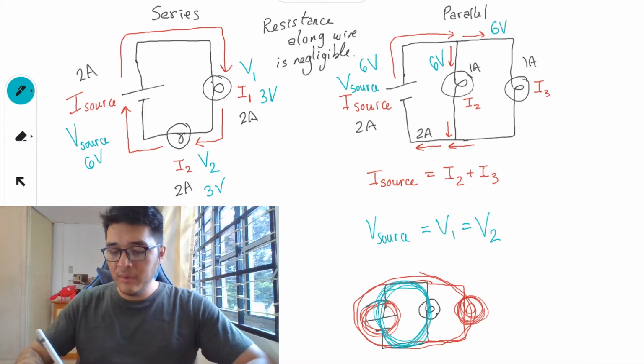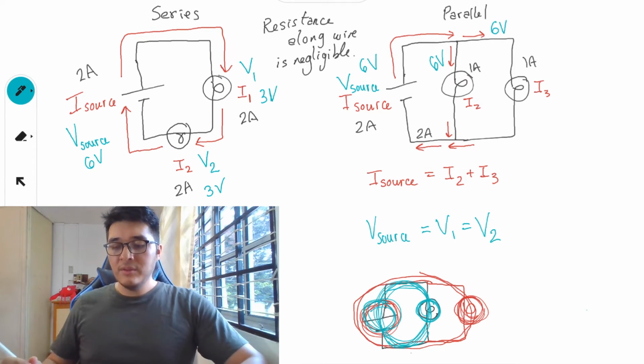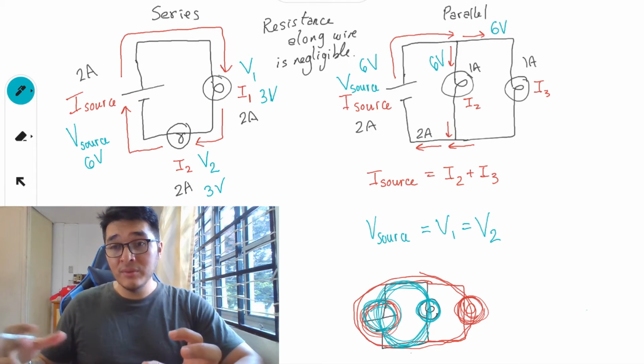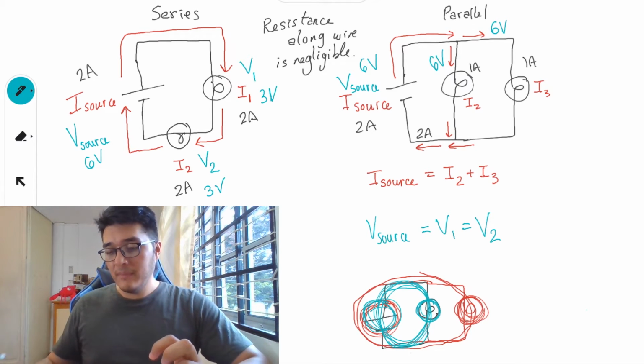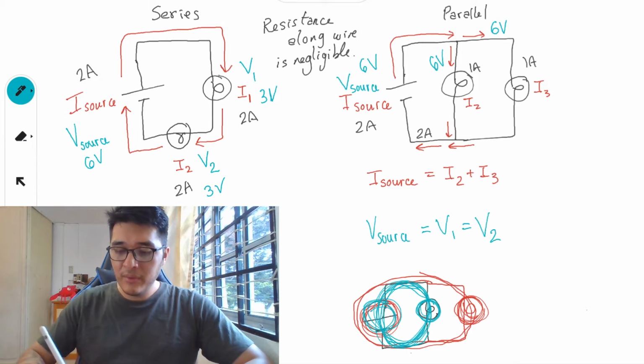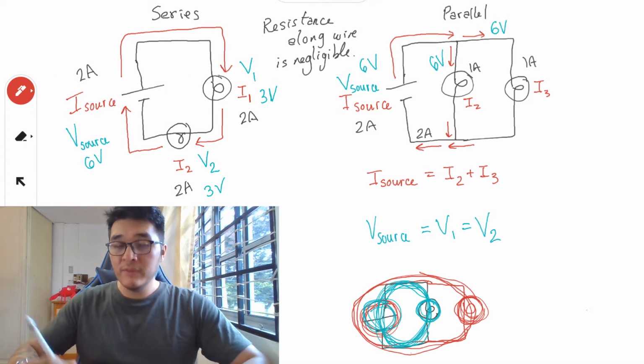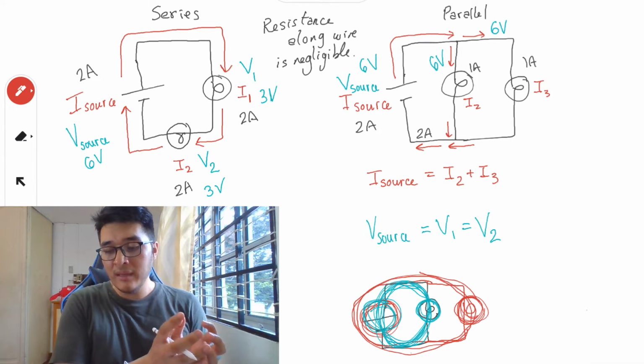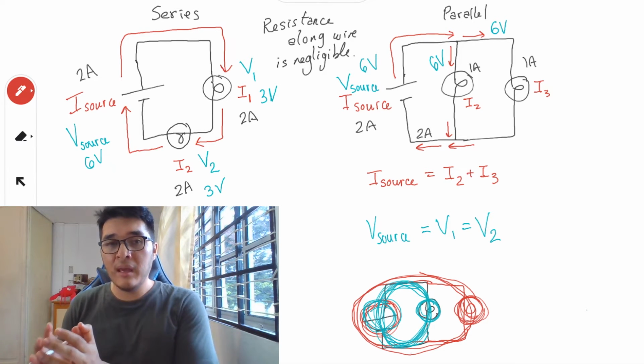And in this one, all the voltage that it gained has to be dropped. So you can think of this parallel circuit as 2 series circuits. So you have a blue path or you have a red path. But because of Kirchhoff's voltage law, all the voltage you gain has to be dropped along that particular path.